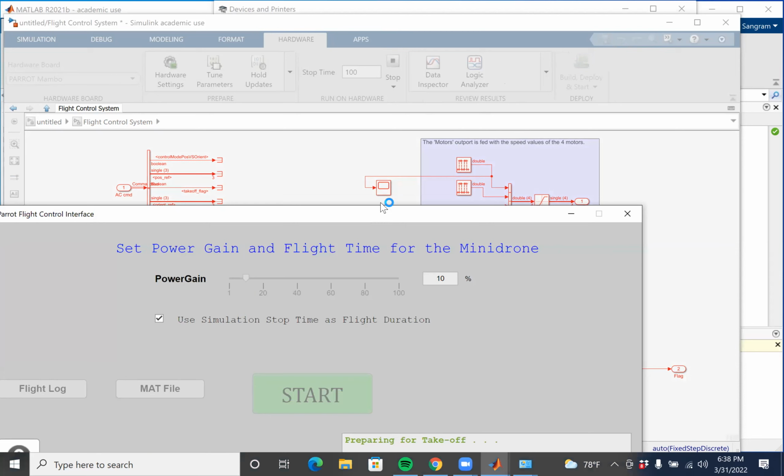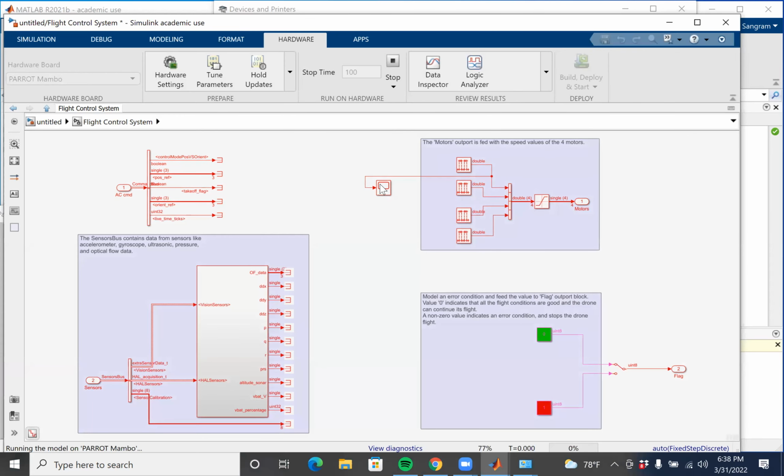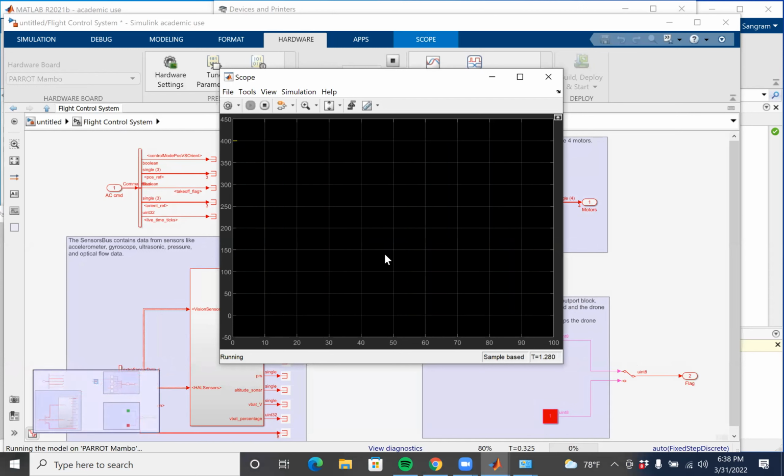Once you start, once you open, now you will see the actual PWM that is fed to the very first motor.